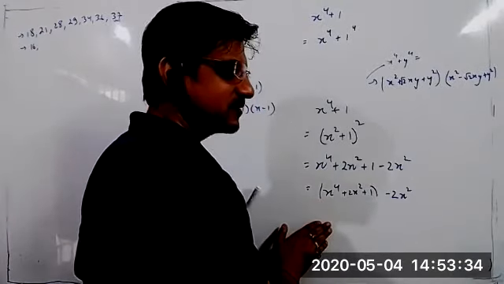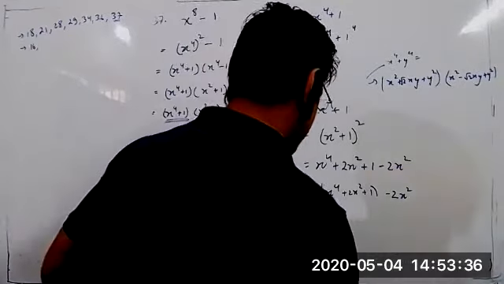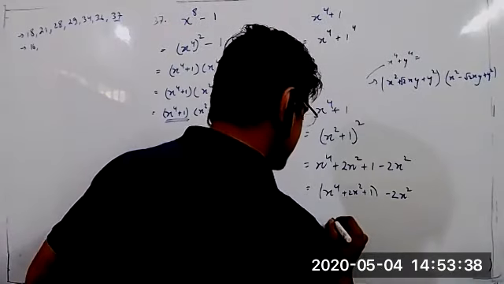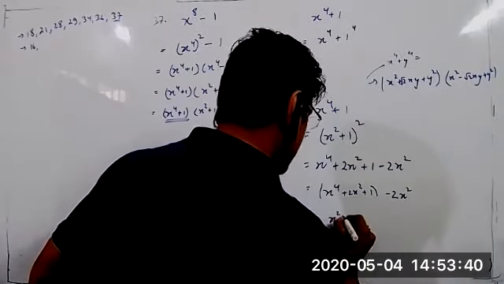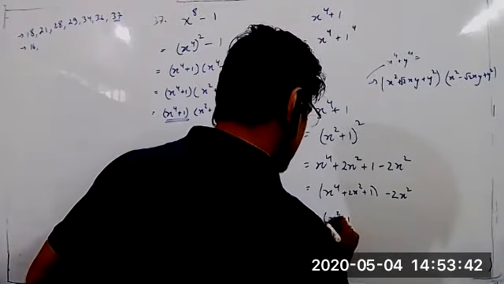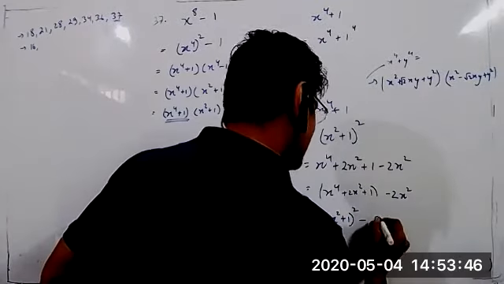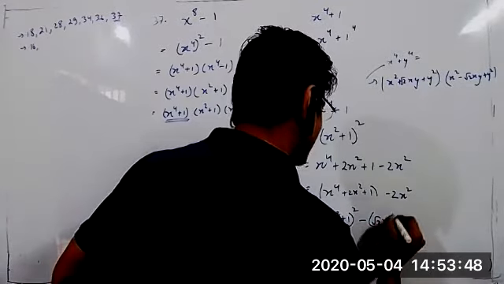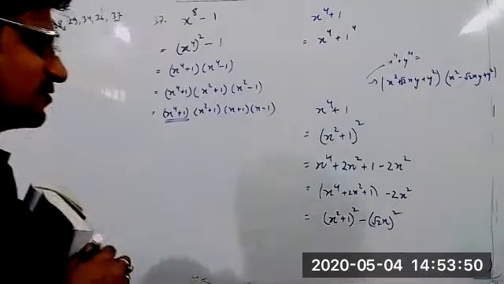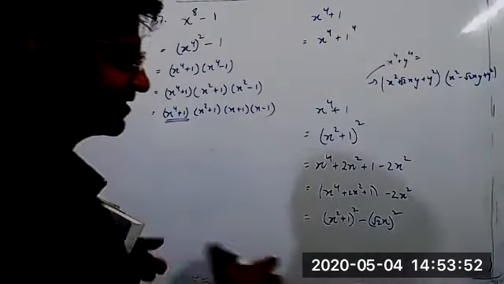You tell me. Continue, sir. Okay, I'll continue. Tell me. X square plus 1 whole square minus root 2x whole square. Yes, yes.